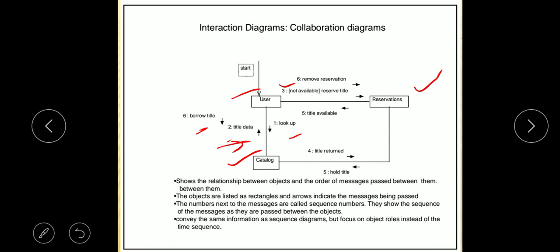They convey the same information as a sequence diagram, but focus on object roles instead of the time sequence. So here the object role will be focused on more than in the sequence diagram, where the time sequence is the main thing, and we emphasize mainly on time sequence.